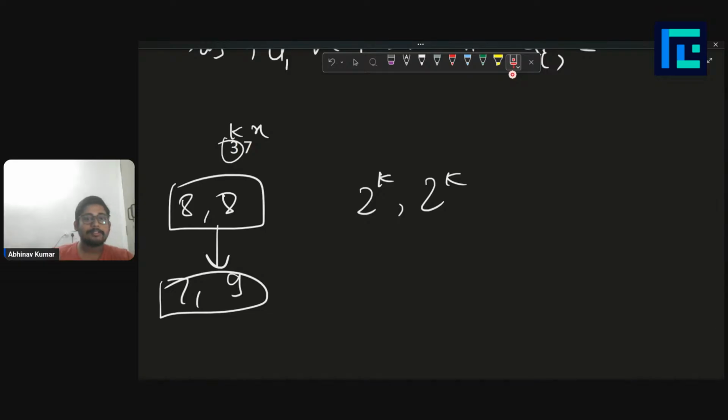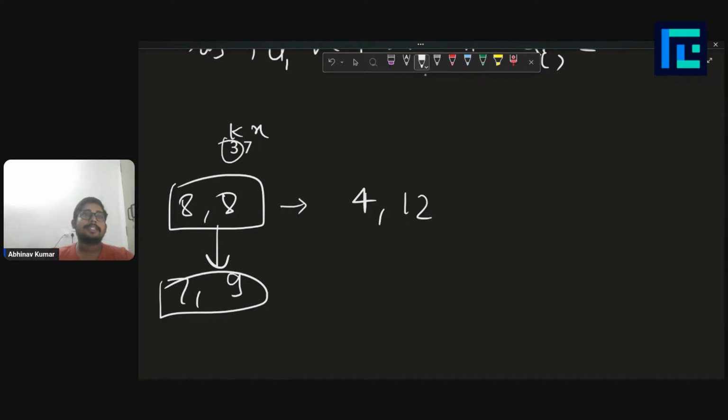Okay, so for this particular test case, what was a way to do it? You have 8, 8, and you want to reach 7, 9. If you reduce the first one to half and increase the other one, it would become 4, 12.